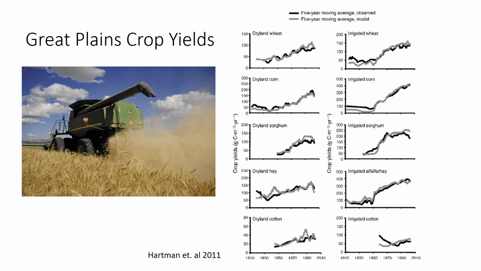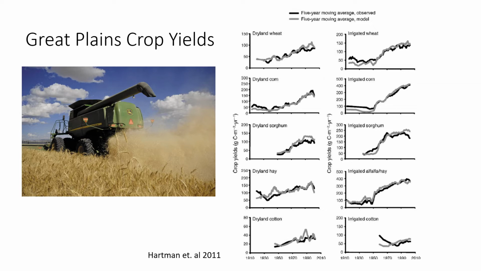So there's 10 graphs here, and these are the 10 crops that we chose to look at in the Great Plains, and dryland and irrigated wheat. Dryland means just rain-fed, it's not irrigated, whereas irrigated, there's an additional source of water added to the crop.